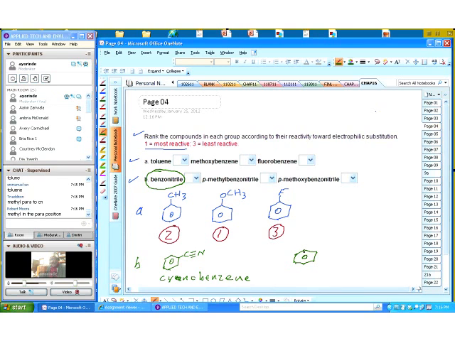This is benzonitrile. Okay, in the para position. Great. And then they say p-methyl, so the methyl group is in the para position, or the fourth position. Now the next one is p-methoxy benzonitrile.